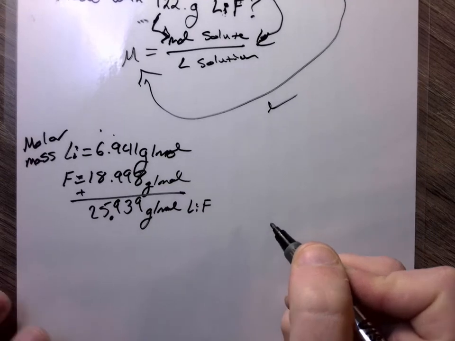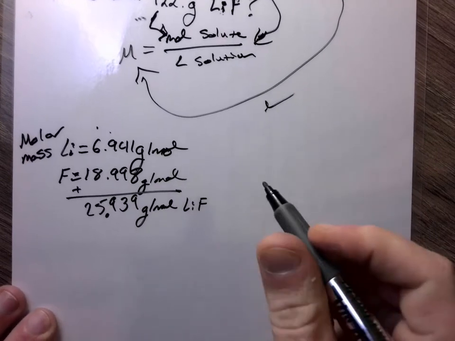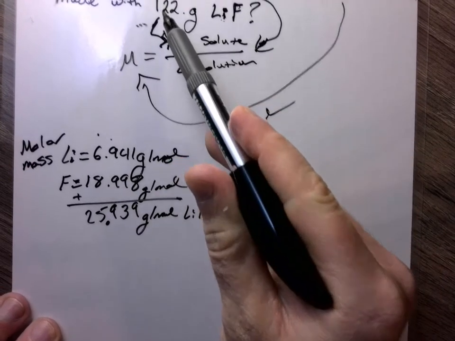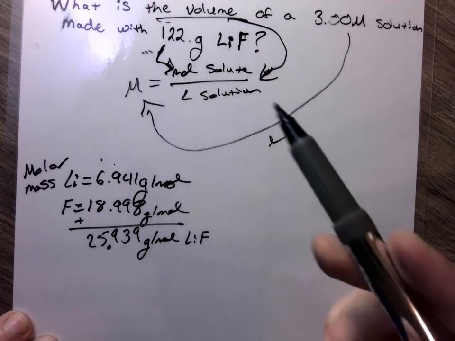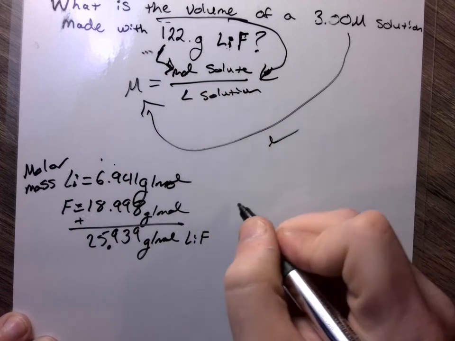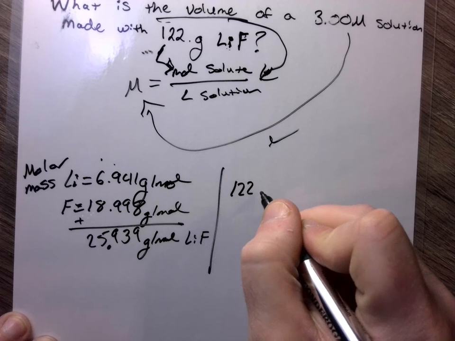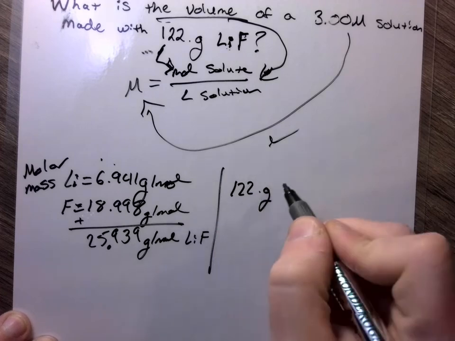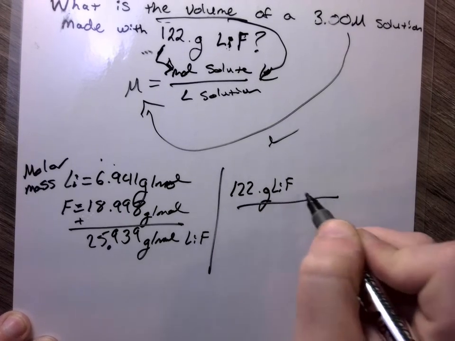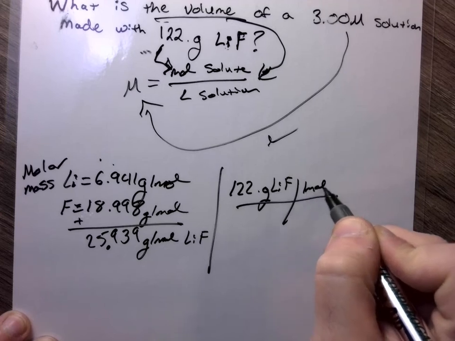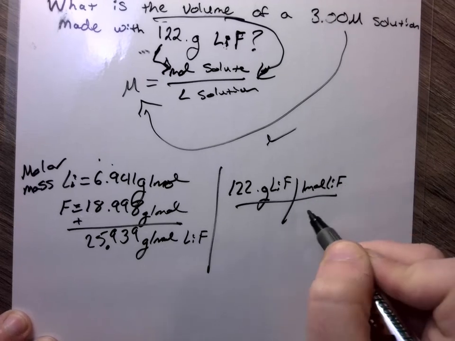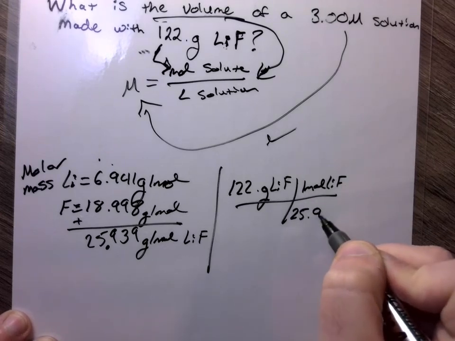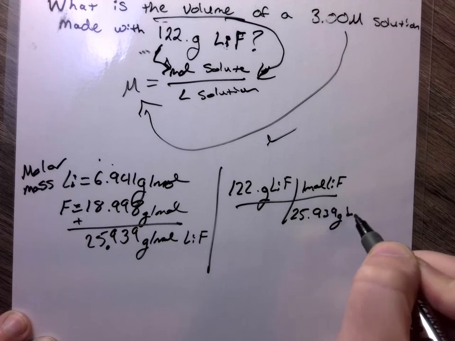So I'm going to use that. We learned our lesson in the last one. We're going to take our given 122 grams and solve for moles. So 122 grams LiF, 1 mole on top of LiF, on the bottom 25.939 grams of lithium fluoride.